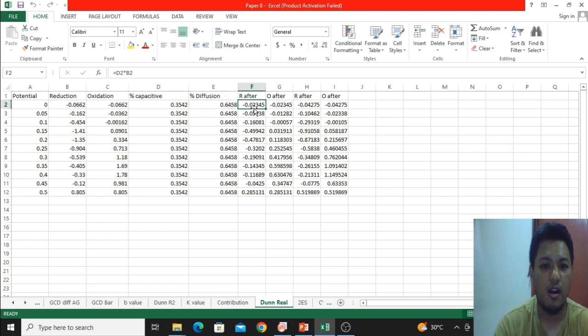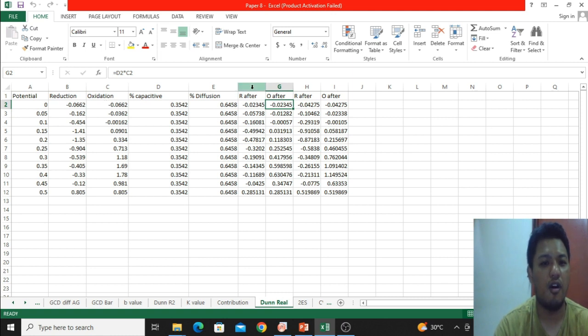Okay, for R after is D2 times B2, so percentage capacitive times B2, the reduction. Okay, then the rest is the same. For O after, it is percentage of capacitive times the oxidation.